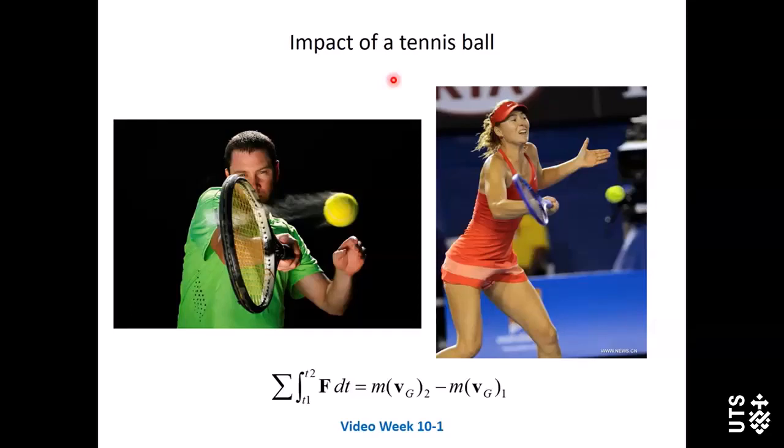However, its impact may be very high if this tennis ball has a high velocity. The velocity may reach about 180 km per hour when served by a professional athlete.